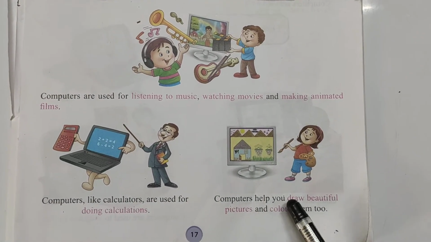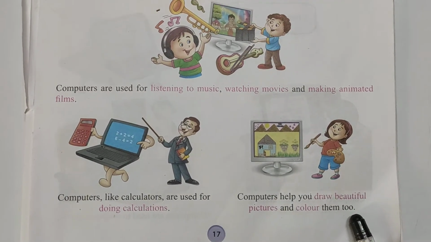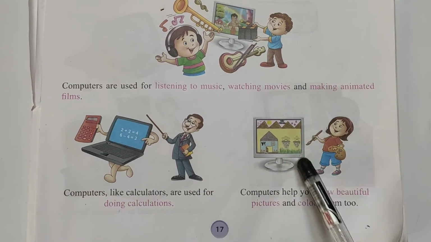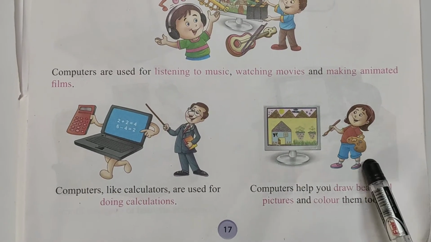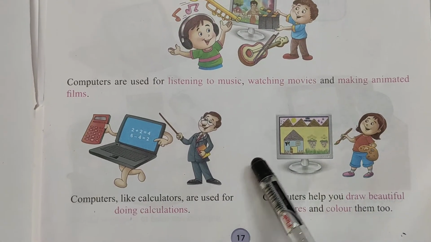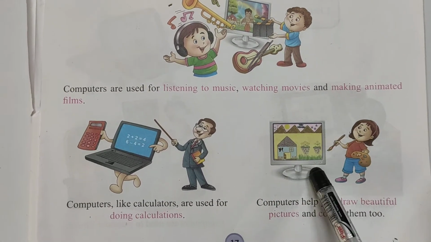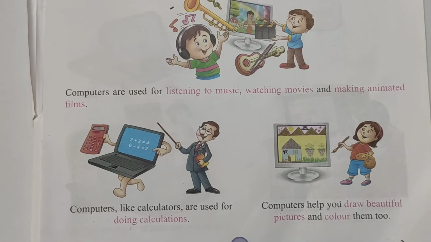Computers help you draw beautiful pictures and color them too, right? So we can see a girl over here in this picture. She is drawing, and she has already drawn actually, right? Now she is coloring them, right? Coloring the picture. So we can draw beautiful pictures, right? And we can color them as well on a computer.